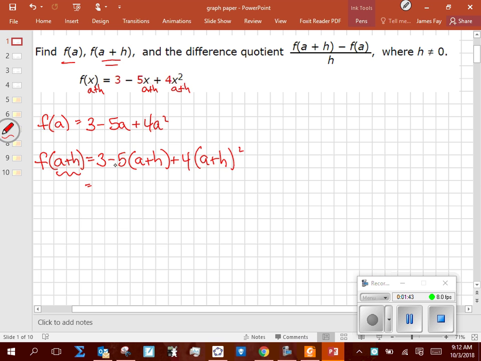So we're going to go 3 minus 5a minus 5h, right? We've got to distribute the negative 5. All right, so this (a plus h) squared, that's a squared plus 2ah plus h squared, right? And then we'll run that 4 through there, giving 4a squared plus 8ah plus 4h squared.